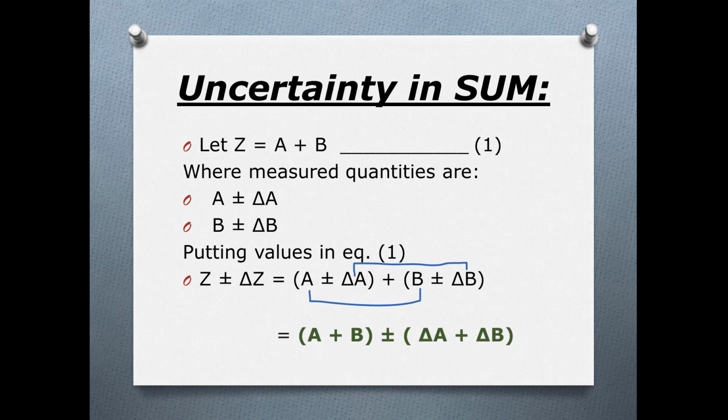So what will be the result? That result will be A plus B, the addition of actual values, plus minus the addition of absolute uncertainties. So the final result will be A plus B plus minus delta A plus delta B.